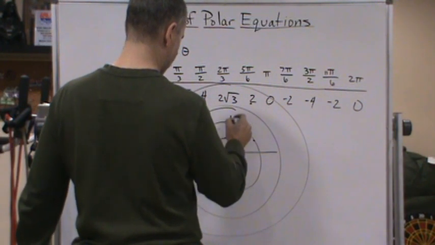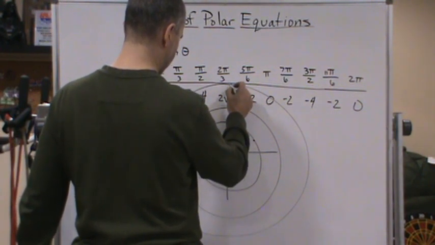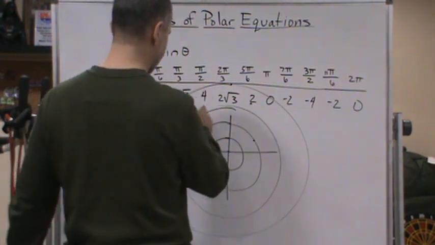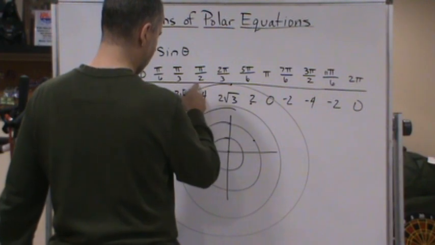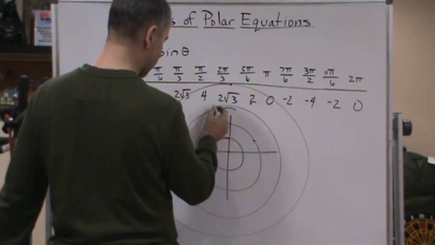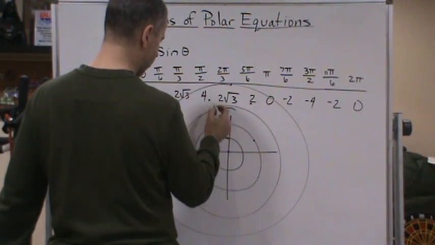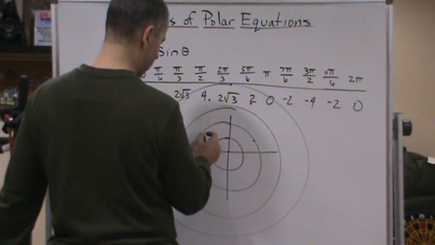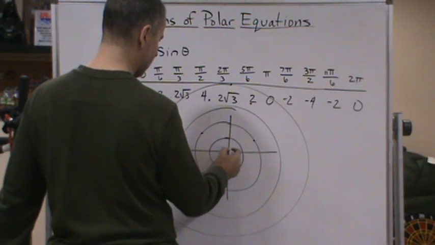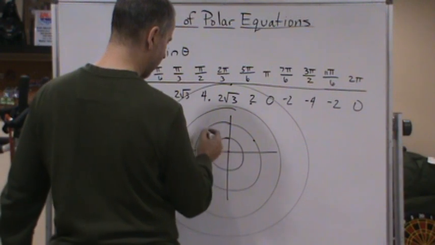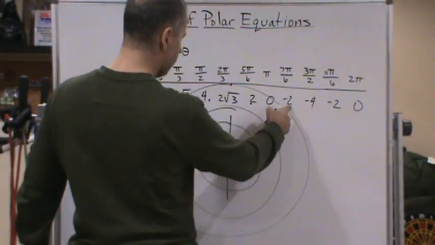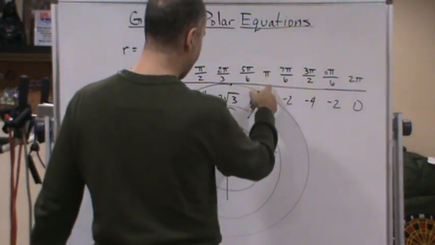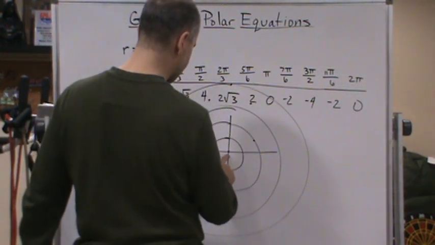And then at 90 degrees it's 4, so we go from here all the way to 4, and then we start going back down, over here, and then over here, and then back to 0. Now that was one full loop. So at pi, we're back to 0.